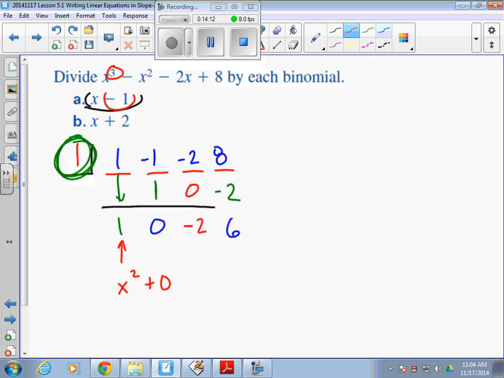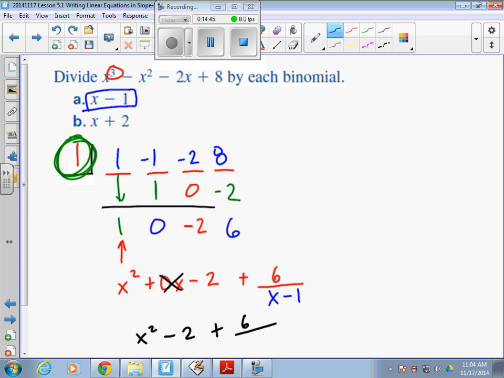It was x squared, then it's x to the what? First power. So plus 0x minus 2, and that's where there's no variable term. And then it's going to be plus 6 over the original denominator, which was x minus 1. So right here, there's no reason to write 0x. So what we have is x squared minus 2 plus 6 over x minus 1.